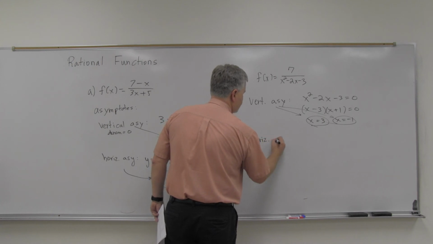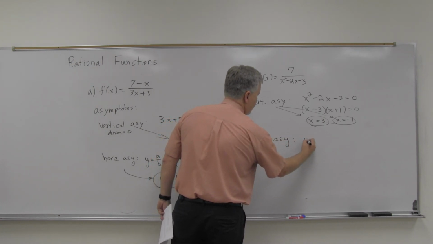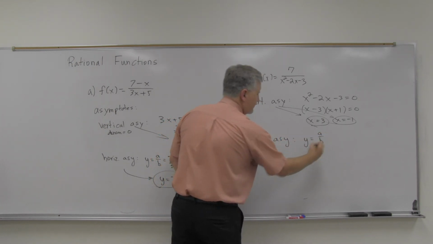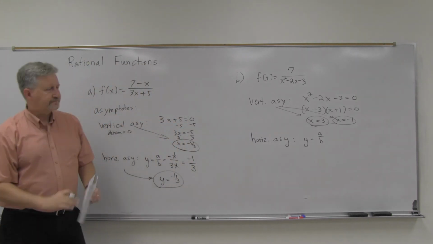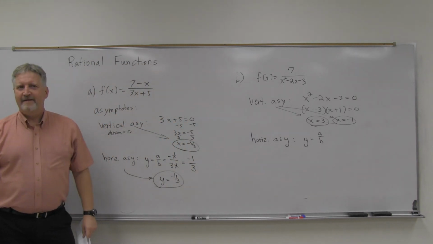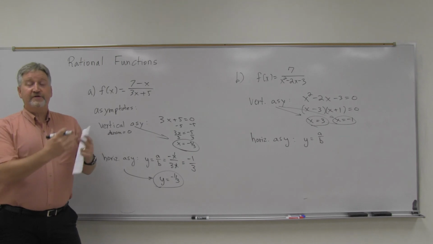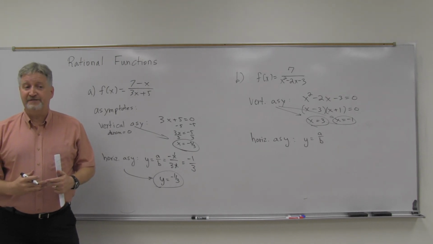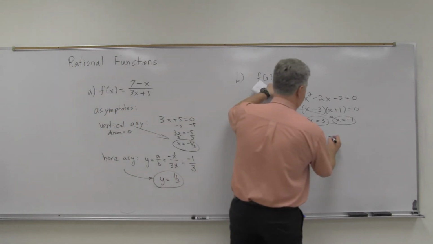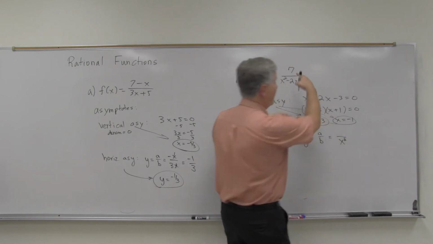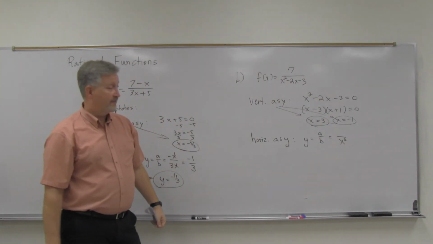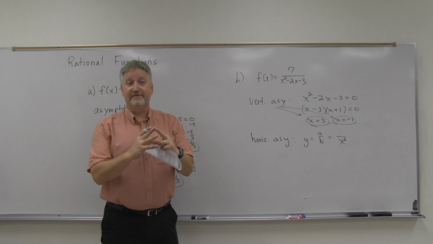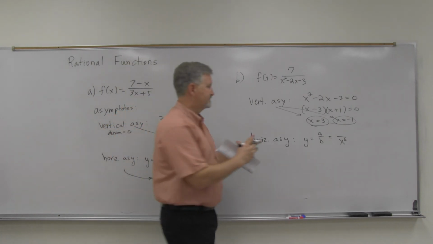And then the horizontal asymptote, well, we have to make a little bit of provision here. To do this a over b, the degrees have to be matching. Well, the degree of the denominator is x squared. Does the top have an x squared? No. However, I could fill that in with 0x squared, couldn't I?